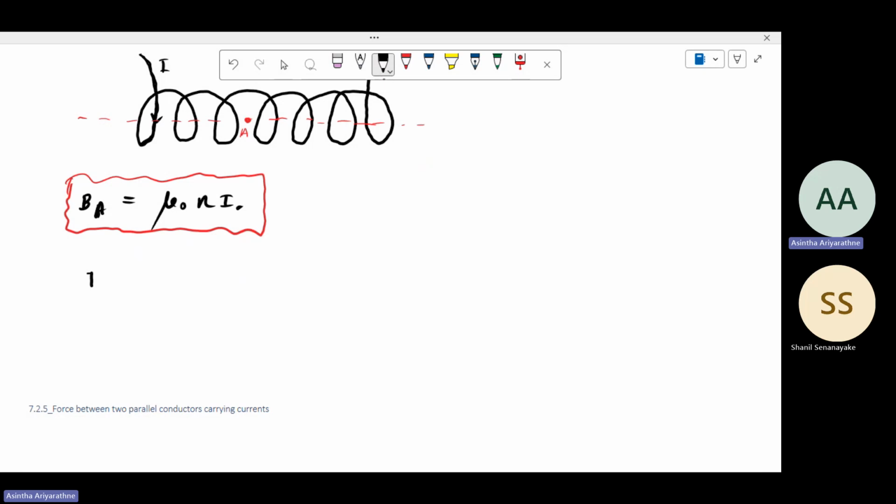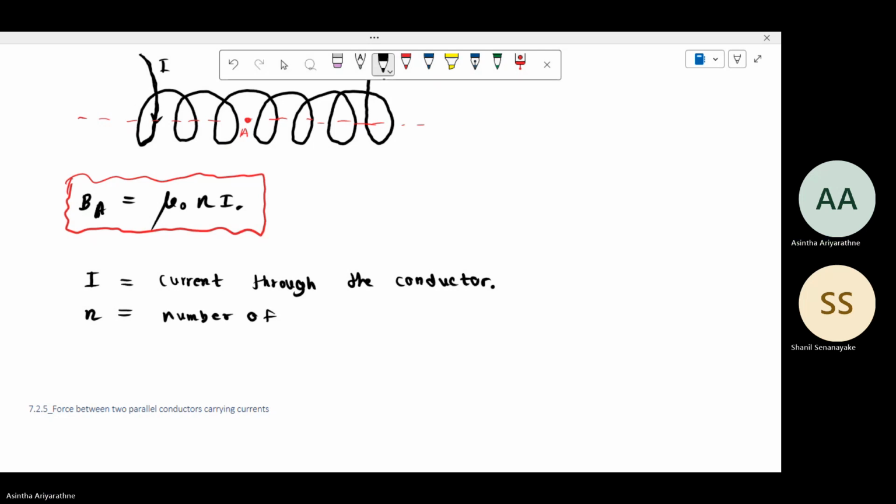So here I is the current through the conductor. n is the number of loops or turns per unit length of the solenoid.